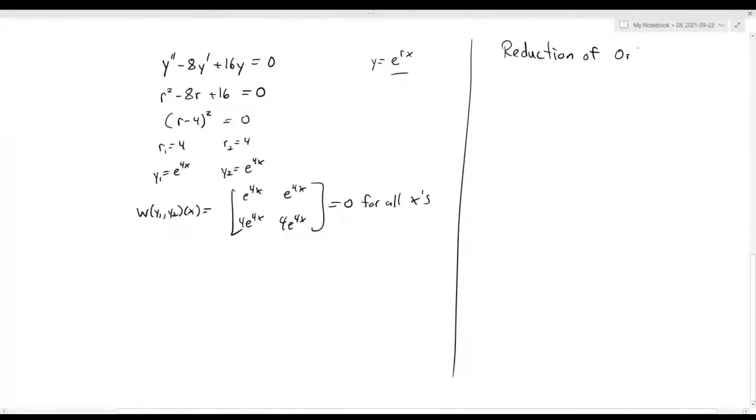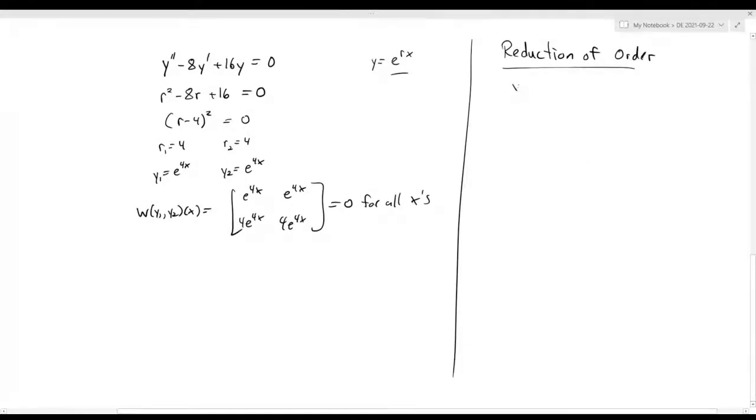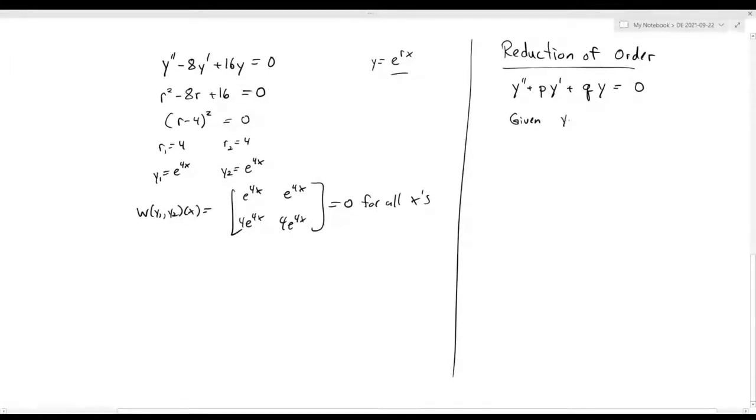Well, for second order differential equations, reduction of order says that if you know one solution, okay, so we have a second order differential equation, I'll write it in this standard form, where now P and Q don't have to be constants, right? And you're given one solution, given Y1.